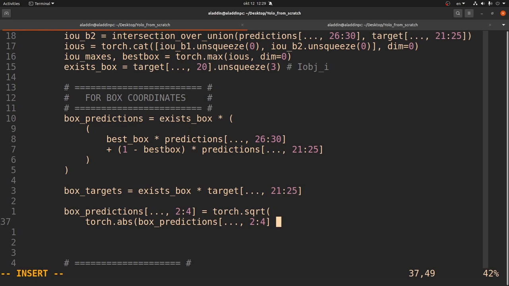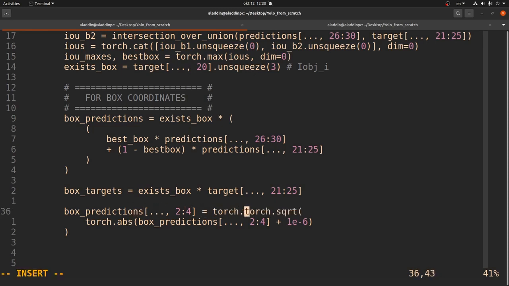But one additional thing is, what if there is 0? Then the derivative of square root as you go to 0 is going to be infinity. So just for numerical stability, we're going to add 1e-6. And that's it. But we need to do one more thing, which is that when we take the absolute value, we need to make sure that the sign of the gradient is correct.